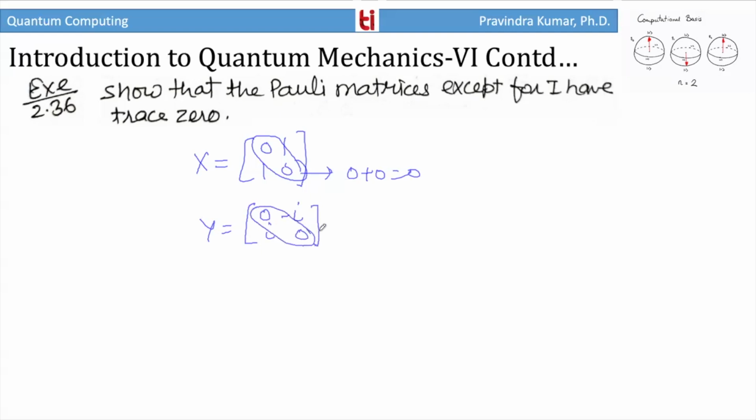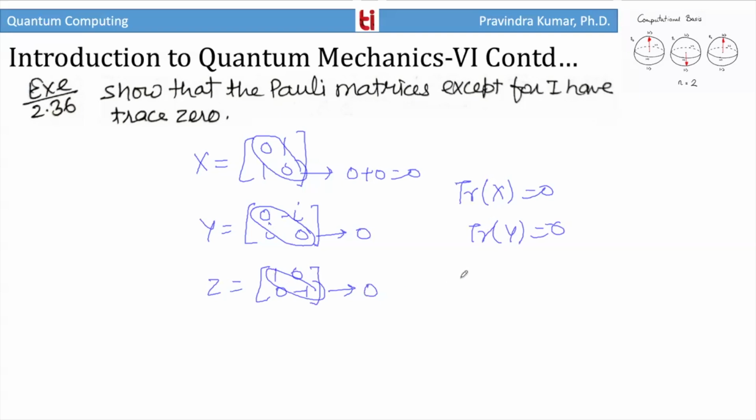Again, you can see the sum of the diagonal elements is 0. So this again has trace 0. So trace of X is 0 and trace of Y is also 0. Similarly, the Z matrix has the elements 1, 0, 0, minus 1. So again, the sum of the diagonal elements is 0. So trace of Z is again 0. So the Pauli matrices have trace 0.